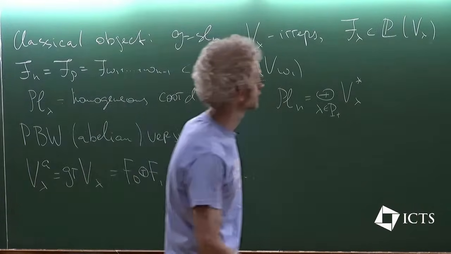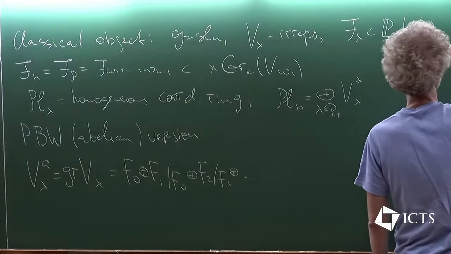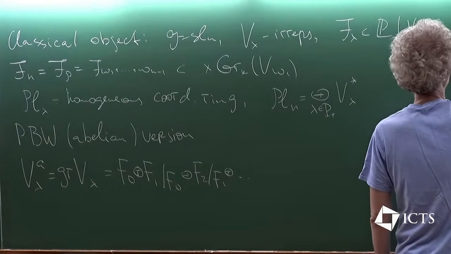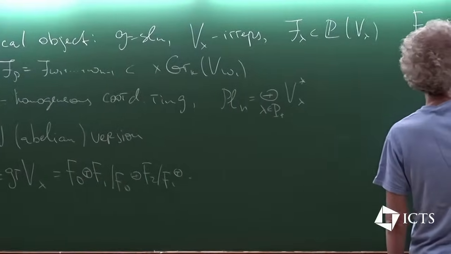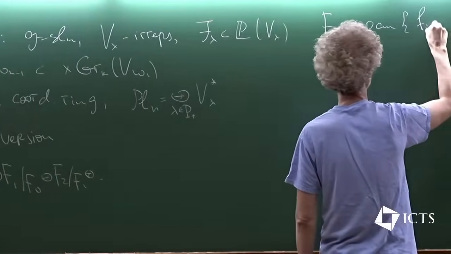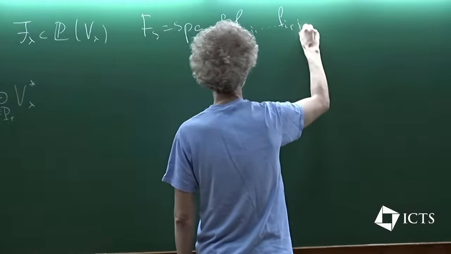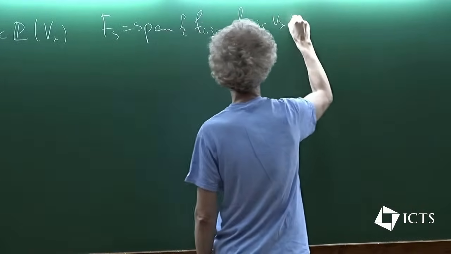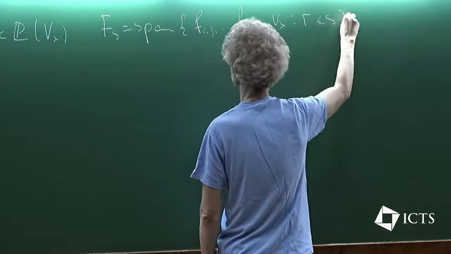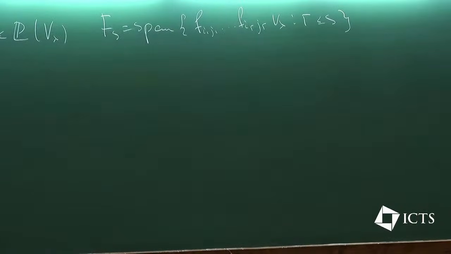And this F_s is just the span of f_(i1,j1) ... f_(ir,jr) applied to V_lambda, r being at most s. So this is our PBW filtration, and our space is the graded space with respect to this filtration.